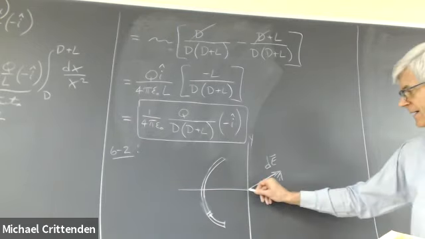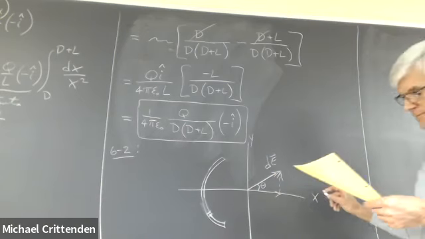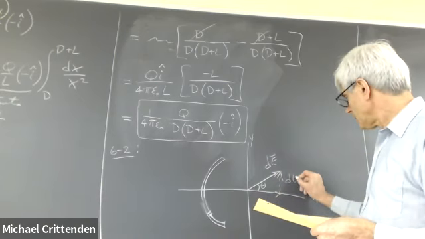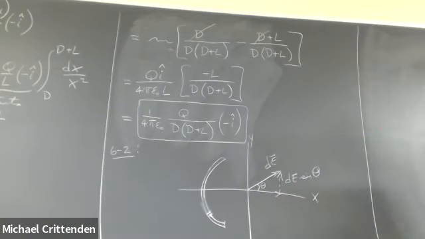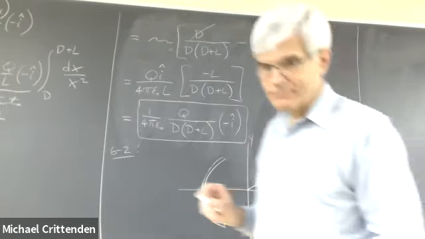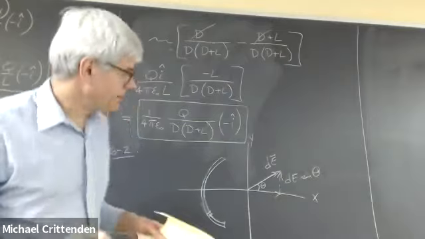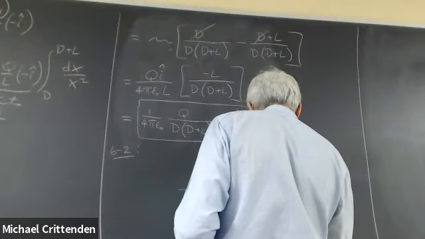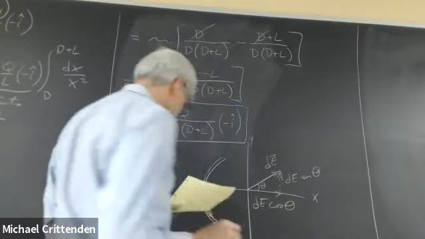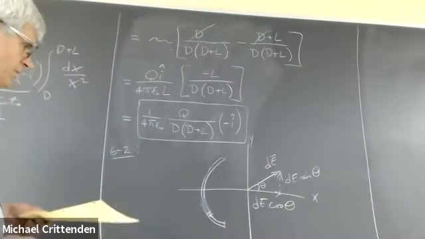If the length of that hypotenuse is dE, then the y component is dE times the sine of theta. And the x component is dE times the cosine of theta.